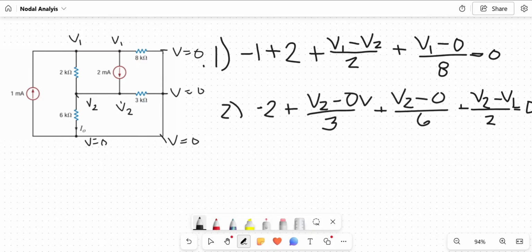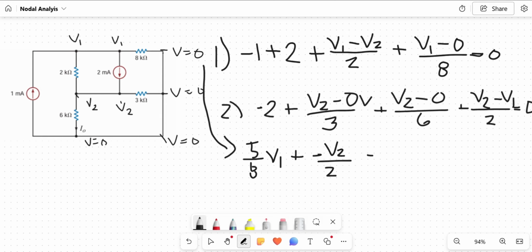And now solving this equation, we get V1 over 2 plus V1 over 8, which equals 5 over 8 V1 plus negative V2 over 2 equals negative 1.